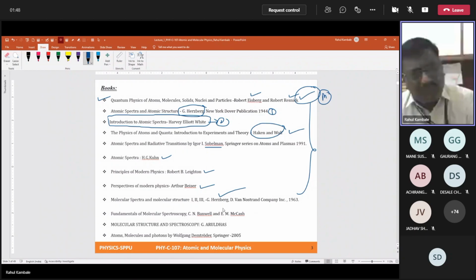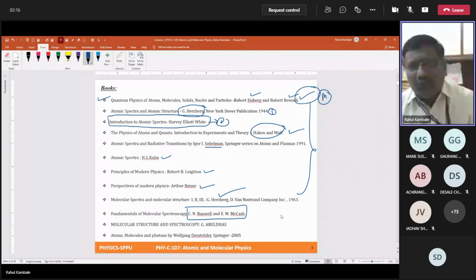Then this is the most important book, the Fundamentals of Molecular Spectroscopy. Maybe in the third semester you have a dedicated course, atomic and molecular spectroscopy. Earlier, in the 4 credit course, the fourth chapter was dedicated to spectroscopy.